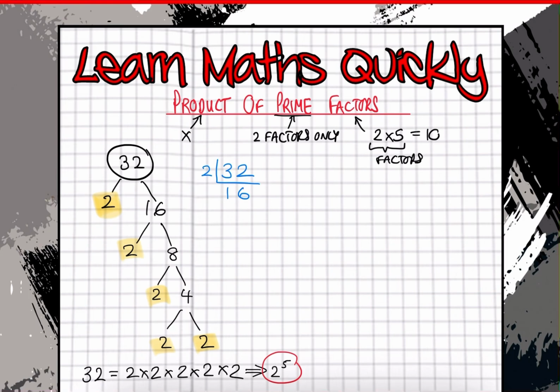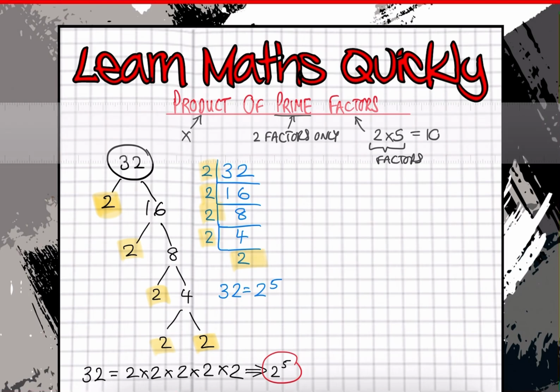And then we go, what goes into 16? 8 and 2, and we keep going down exactly the same as how we did earlier until we're left just with all of these same prime numbers that we had in the first one, and then we can write it exactly the same way. 32 is 2 times 2 times 2 times 2 times 2, which is the same as 2 to the power of 5.